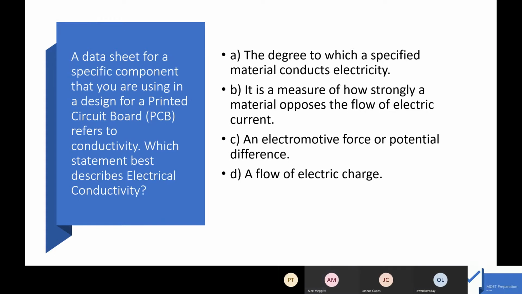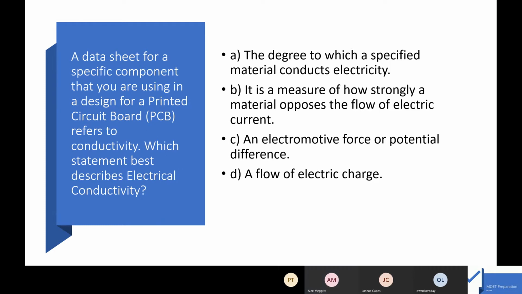What is a measure of how strongly a material opposes the flow of electric current? What do we call that? Resistance. Absolutely. The Borg might say it's futile. So the objection to current flow is called resistance. So conductivity is how much a material actually allows electricity to conduct. All right with that one?